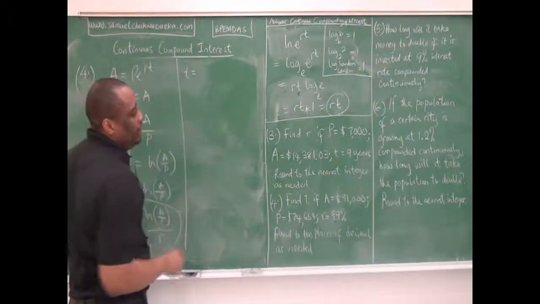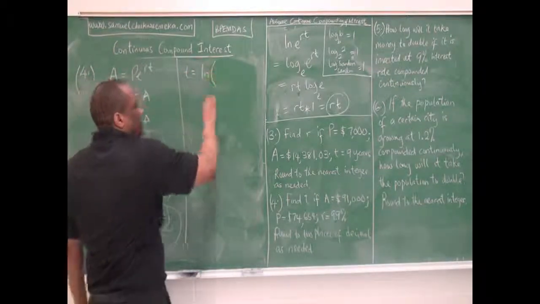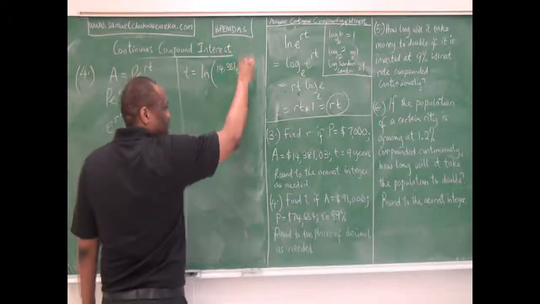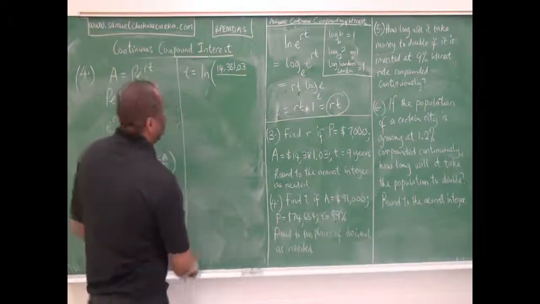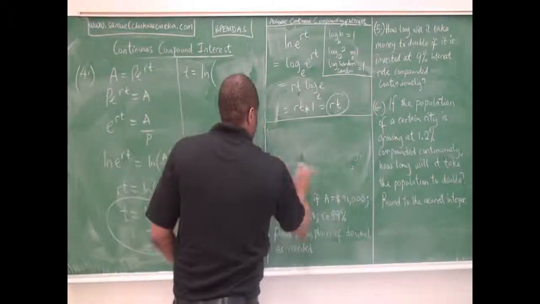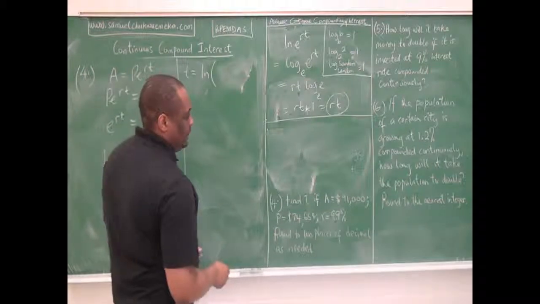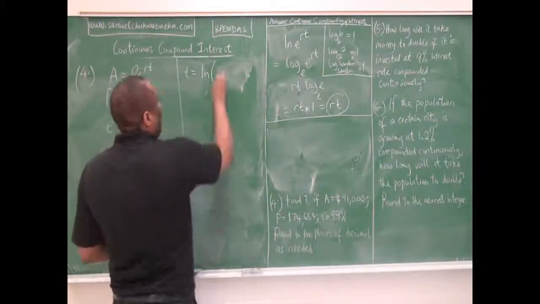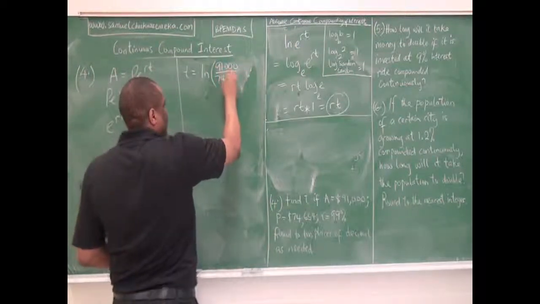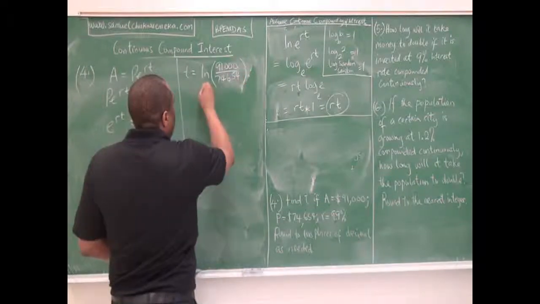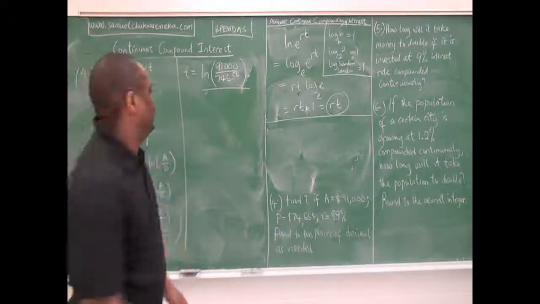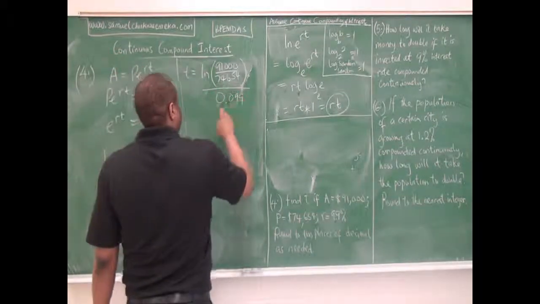So let's get our t. How many years? t will be ln of A over P. I'm doing number 4, so let me erase this. A is equal to 91,000 divided by 74,654, all over r. 9.9% is what? 0.099.